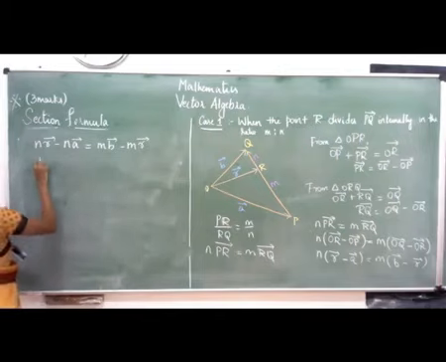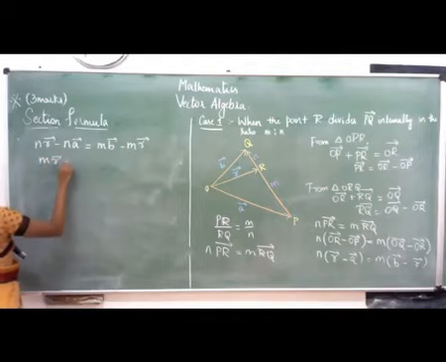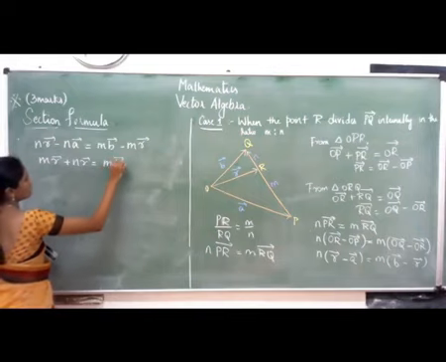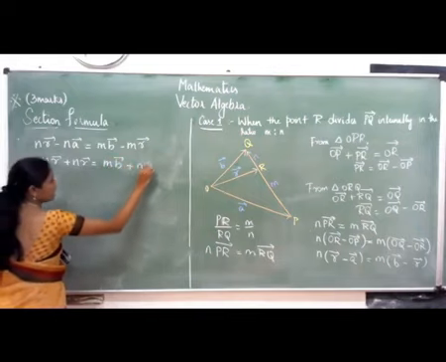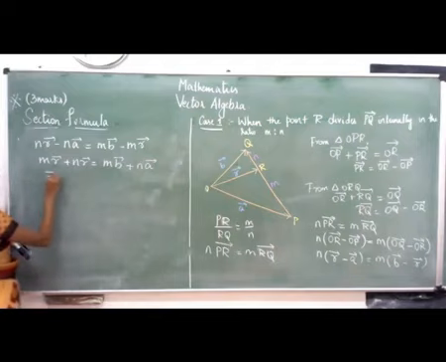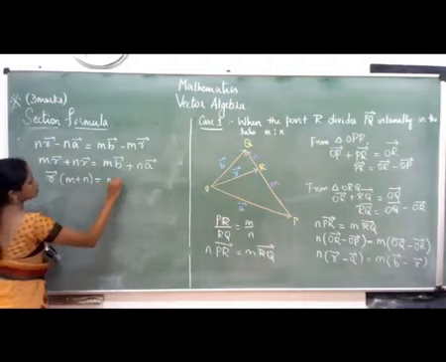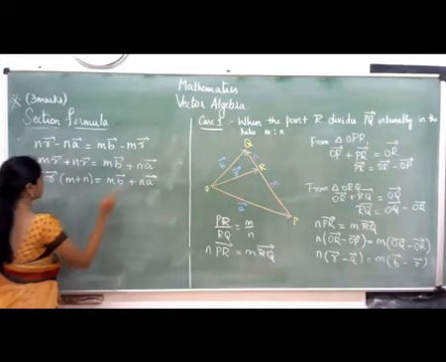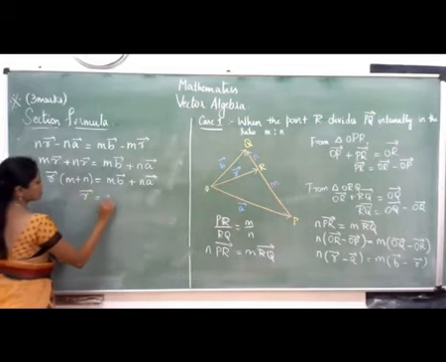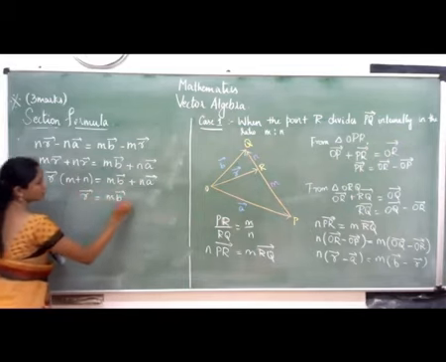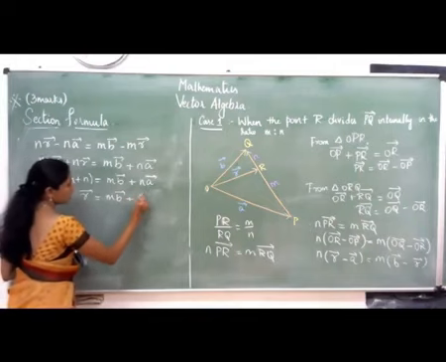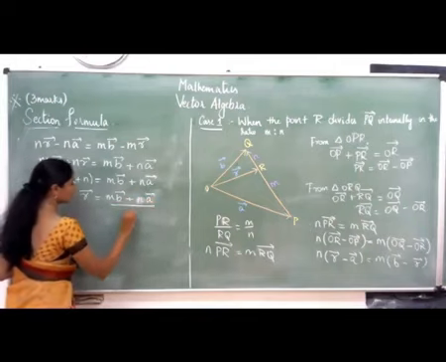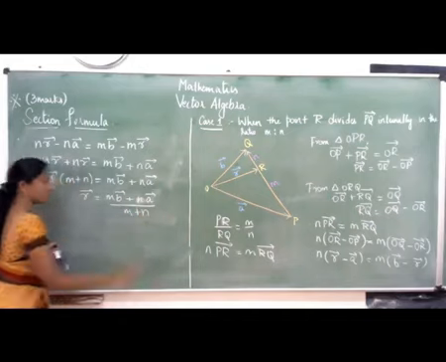So I write this as n into vector R plus m into vector R is equal to m into vector B plus n into vector A. So vector R is common. We get m plus n, which is equal to m into vector B plus n into vector A. Therefore, vector R is equal to m into vector B plus n into vector A divided by m plus n.